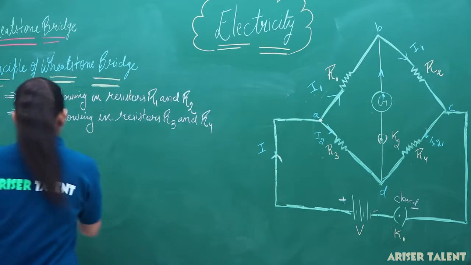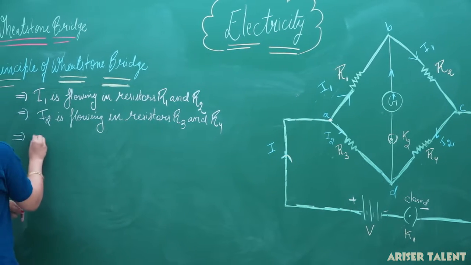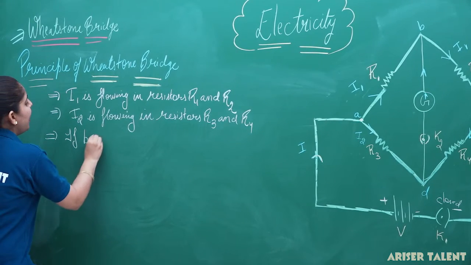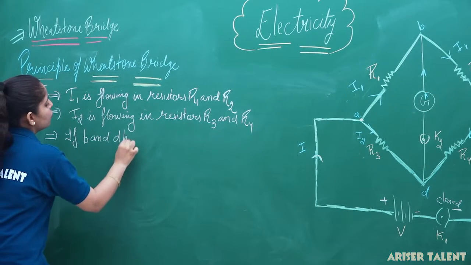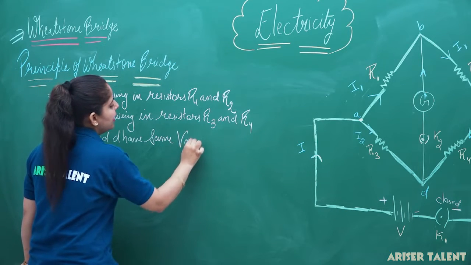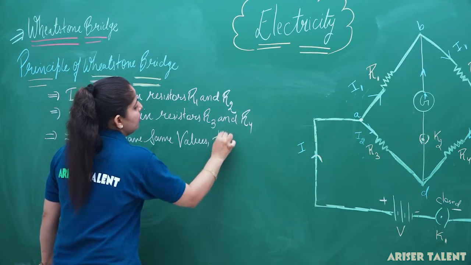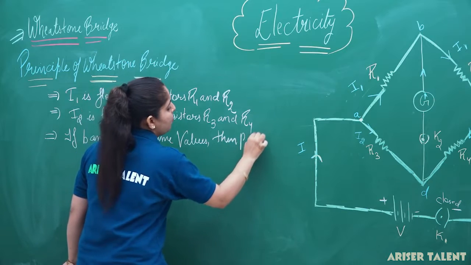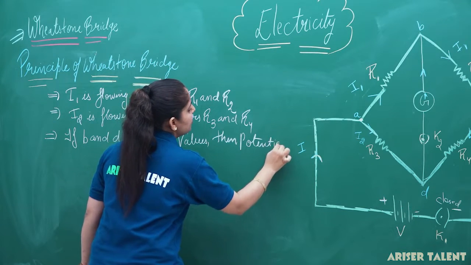So the next point will be, if B and D have same values, अगर B और D की value same है, then potential difference is zero.